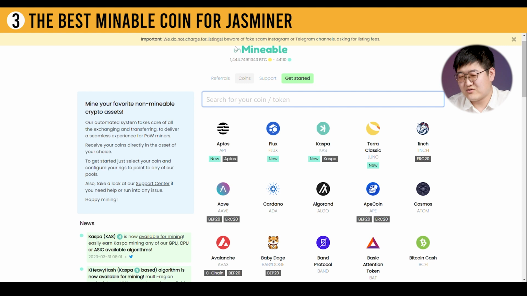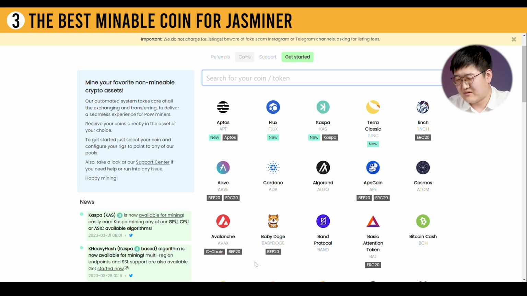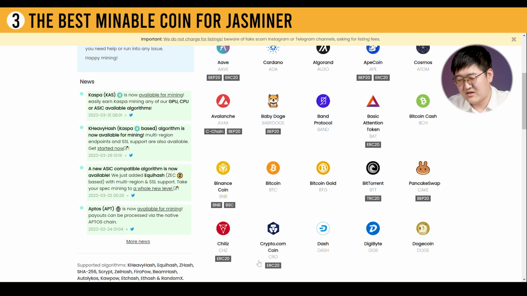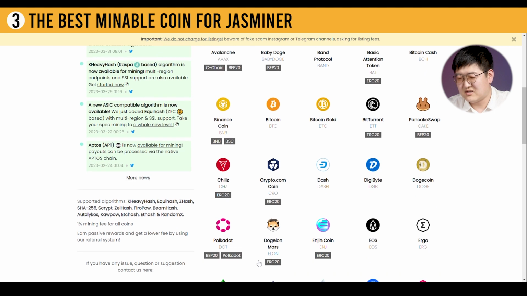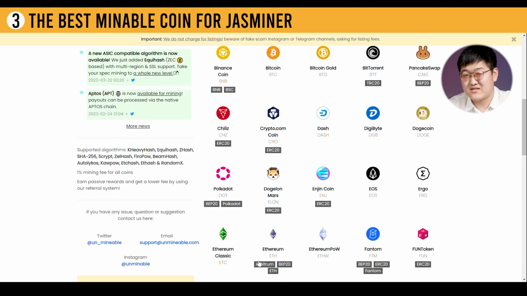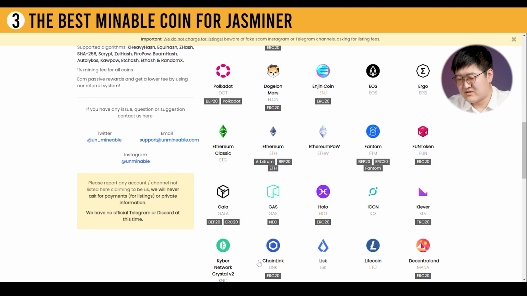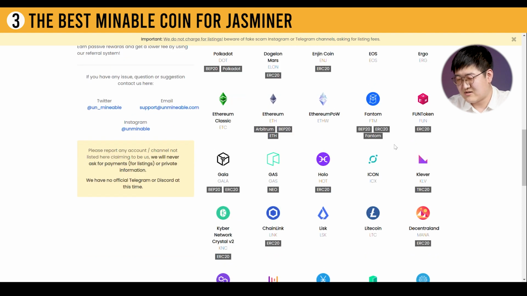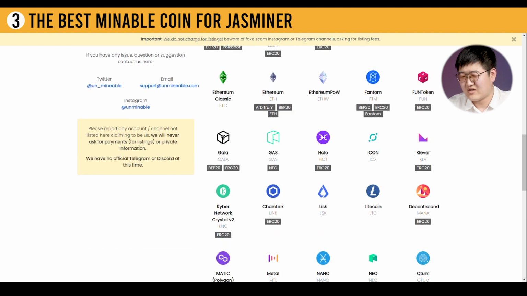So you can choose Unminable and select some token you want to mine, and by using your ETC hash or BTC SHA-256 algorithm ASICs to mine, get paid out in these tokens. So this is another alternative.